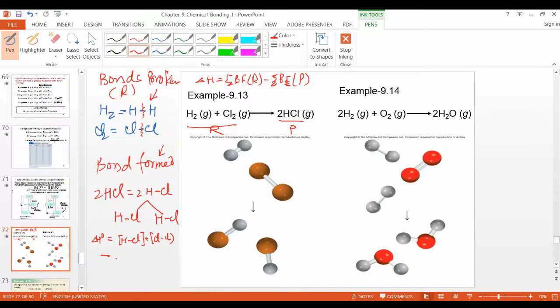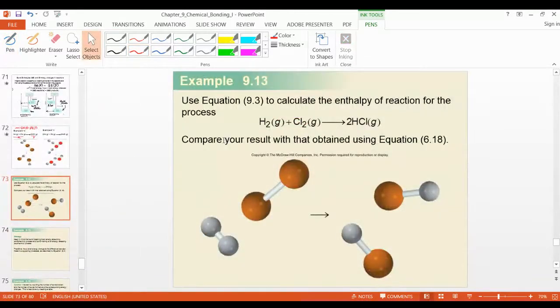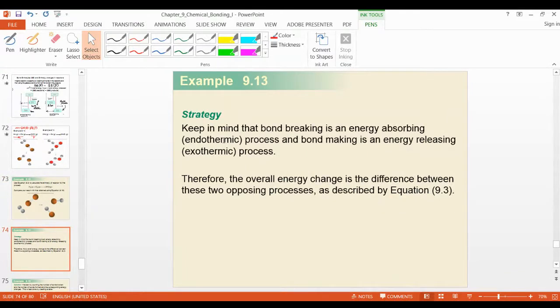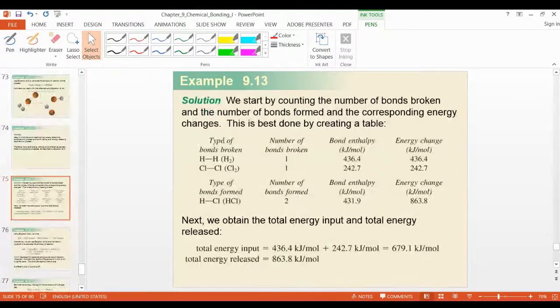So directly we can write here 2HCl. Sir, then we will take the values from the equation. The values are given here. The values are for the bond formation, I told you here.